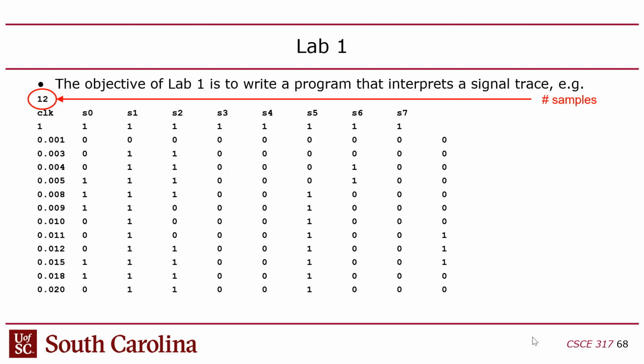So what you end up with is, you'll notice, it looks like there's an extra column here. And that's because the second row is the bit width too. Sorry, I forgot to mention that. So the first line is the names of the signals. The second line is the bit width of each signal, which in this case are all ones. And then starting from the fourth row, because the first line is the number of samples, then signal names, then number of bits for each signal, that's just a tabular format.